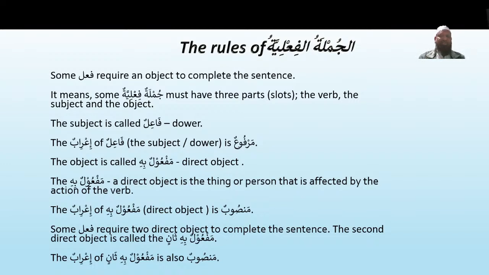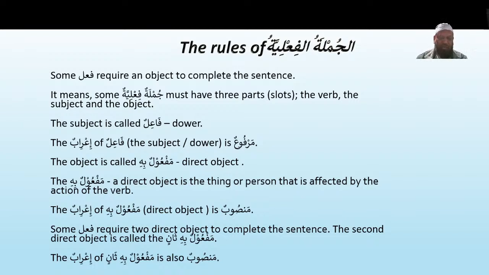The object is called the maf'ulun bihi, direct object. Direct object is the thing or person that is affected by the action of the verb. The i'rab of maf'ulun bihi is mansubun.